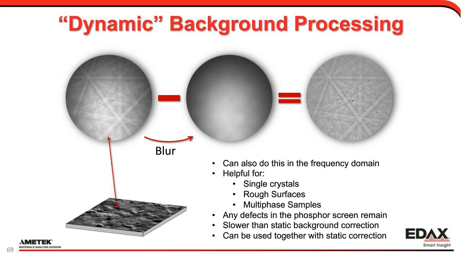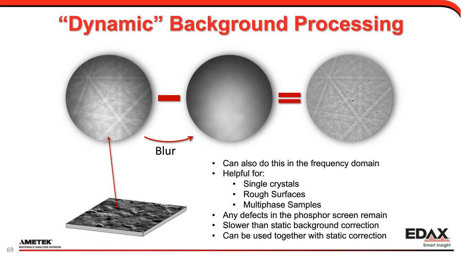I've used one with quite a few defects just to emphasize it here. You can see little points that remain there because they're in both, because the blur doesn't get rid of them. The background doesn't have them. So you can use this. It's a little bit slower because you've got to do more processing at each point, but it can also be used as static correction to get to a very nice result.